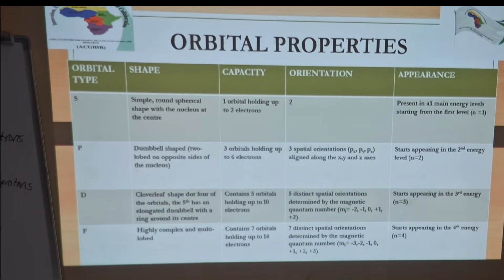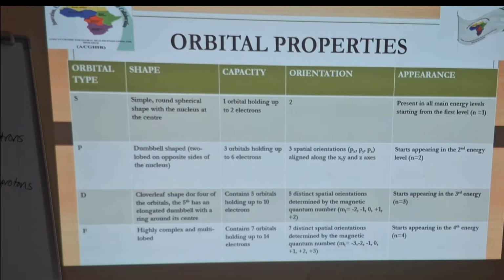We are continuing. S orbital, P orbital, D orbital, and F orbital. The S orbitals are simple, round, spherical shape with the nucleus at the center. One orbital can hold up to 2 electrons.